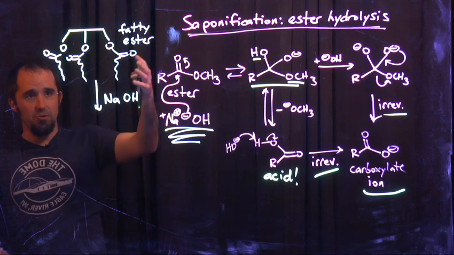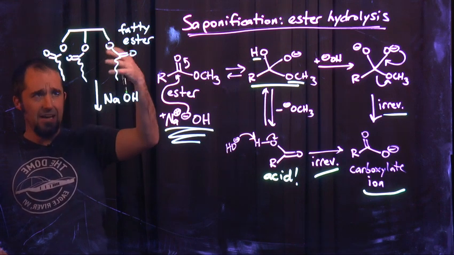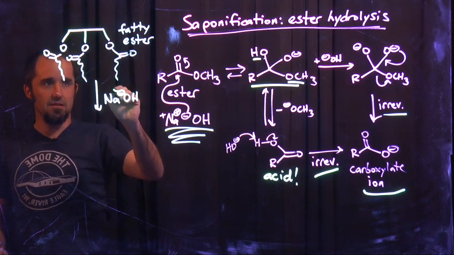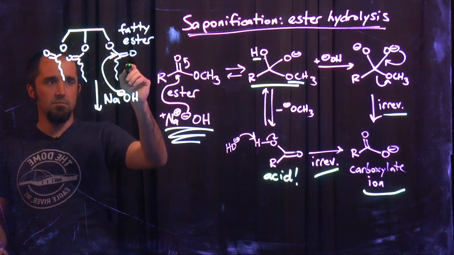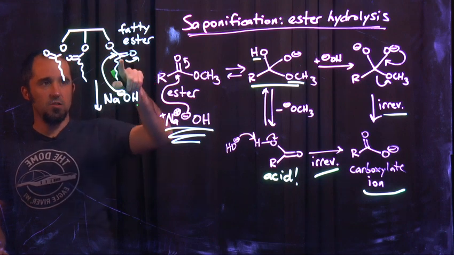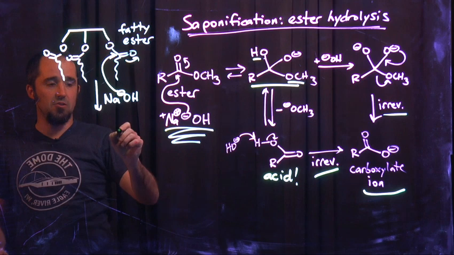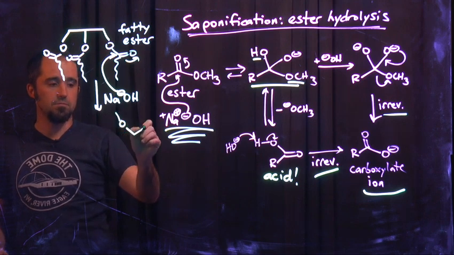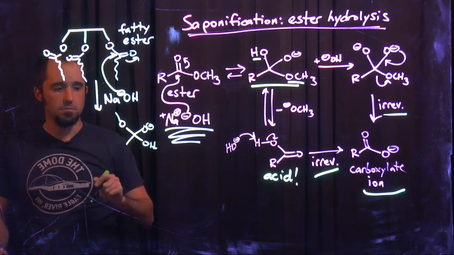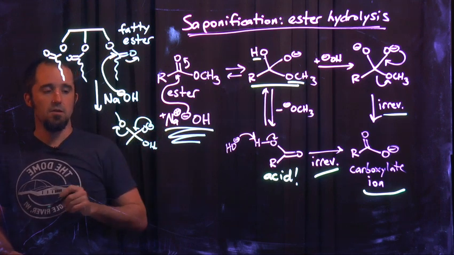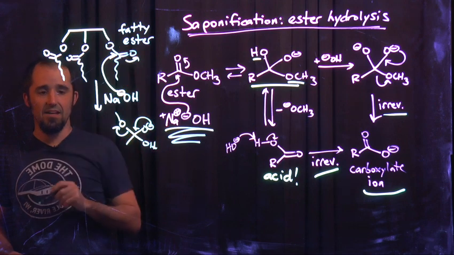When I take animal fat or any kind of triglyceride and react it with OH-, I'm going to attack the carbonyl, all of these eventually, get my tetrahedral intermediate, and then collapse this down to break that ester bond.